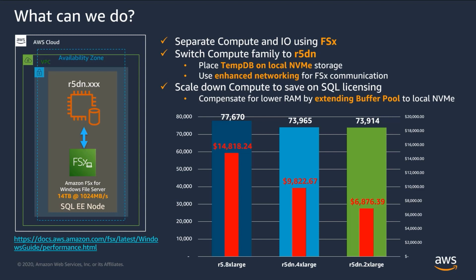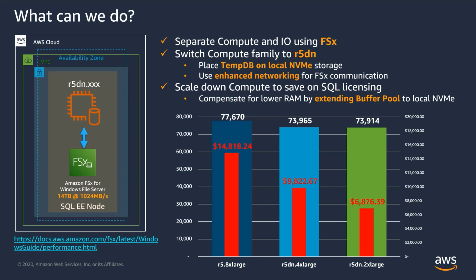These smaller machines achieved level of performance within just a few percentage points of the original configuration based upon R5 8 extra large with 32 CPU. As the SQL Server license cost is proportional to the number of CPUs, we see a dramatic decrease of the run cost for the environment based upon Amazon FSx.